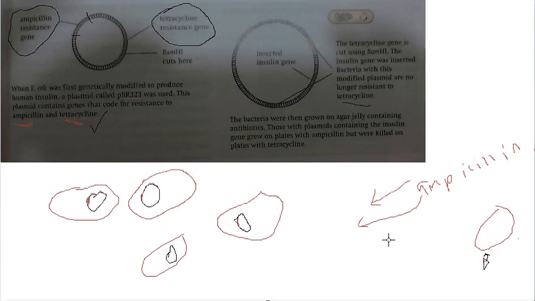Now there is another thing. Ampicillin determines the difference between ampicillin and tetracycline. For the second test, we keep tetracycline. Now when we keep tetracycline, only those with the inserted gene are affected.